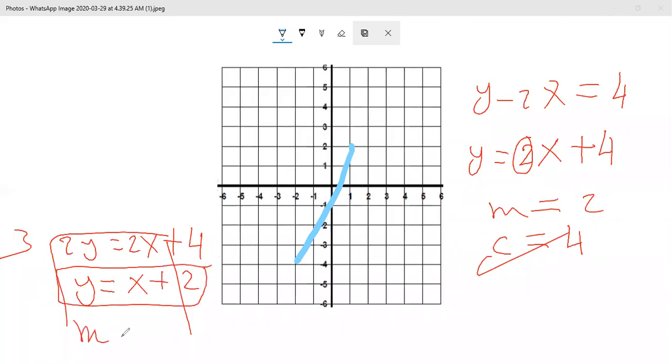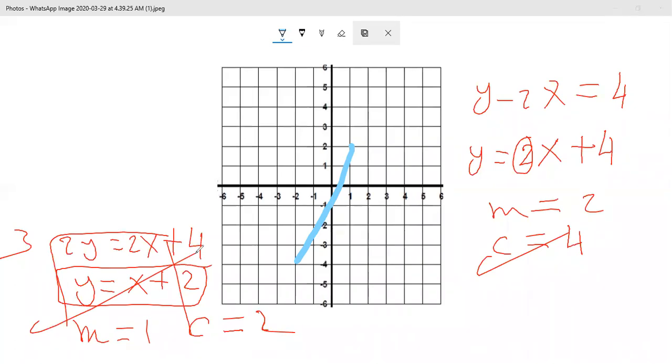So M is 1 and C is 2. Very good. I think it's not hard, my sons and daughters. Yes, mister. Superstar. MashaAllah.